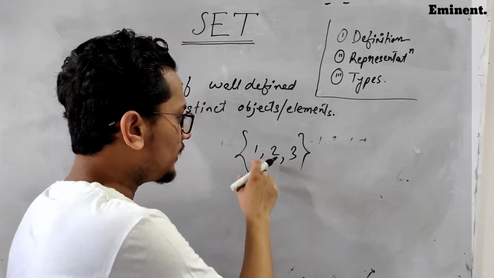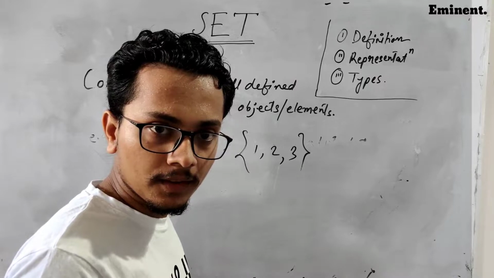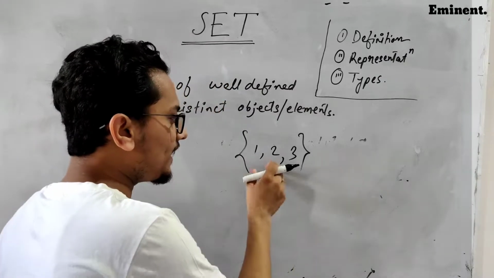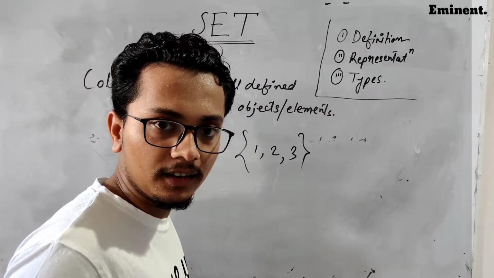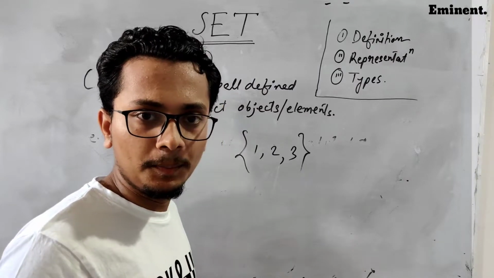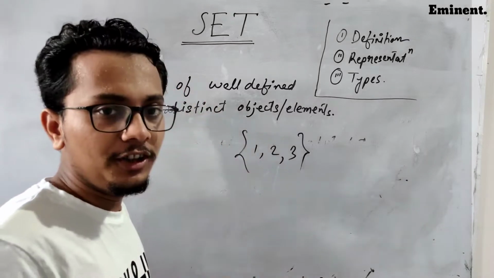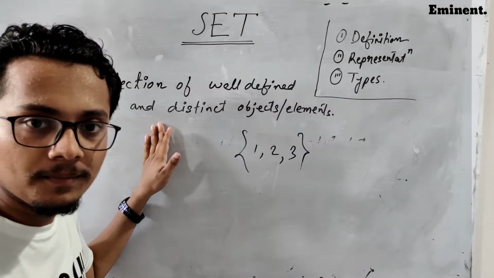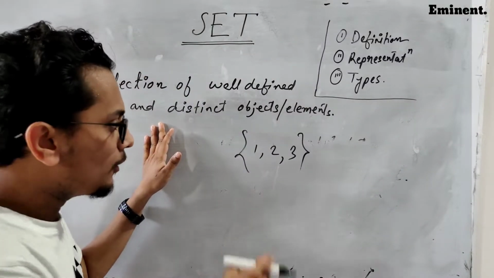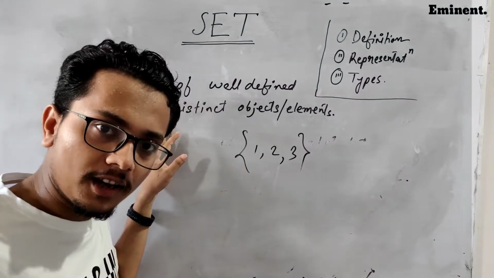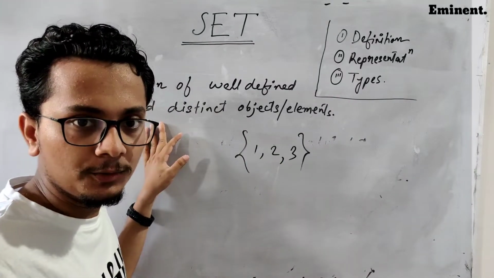Only one time all the elements you have to write, and whatever the arrangement of these elements is, it doesn't matter. I hope you understood the definition of set, and how to write the elements of set.